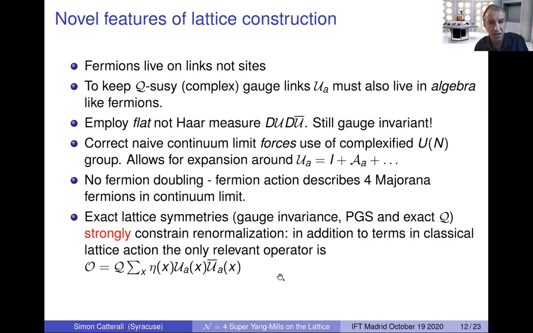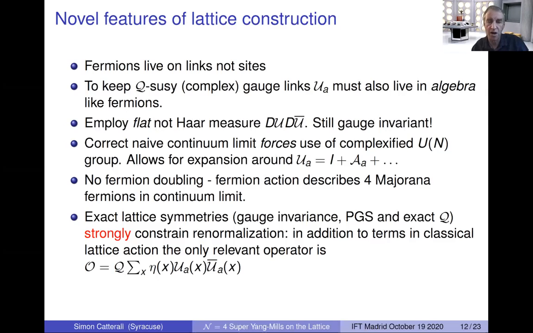And in principle, you would need to add it to the lattice action and tune its coefficient to go back to the theory you want. In fact, you can see that if U is roughly the unit matrix in the naive continuum limit, this gives rise to a mass term for fermions, which you need to tune to 0, basically. Now, so far we've found it not important to tune this operator, but it's certainly something potentially you have to worry about.